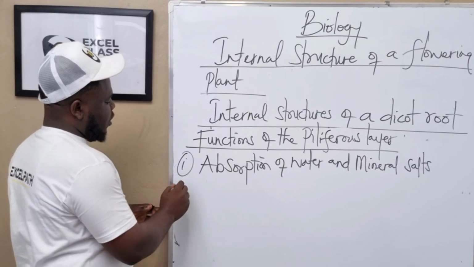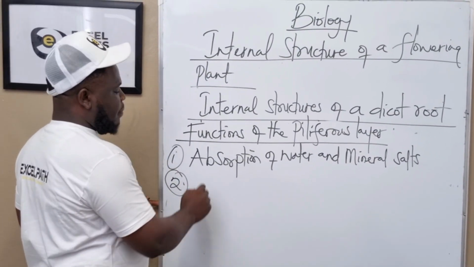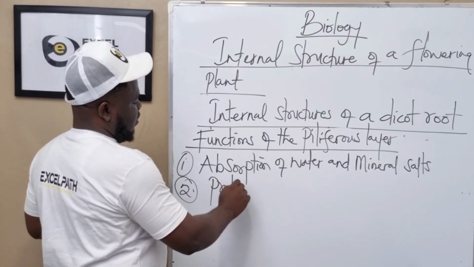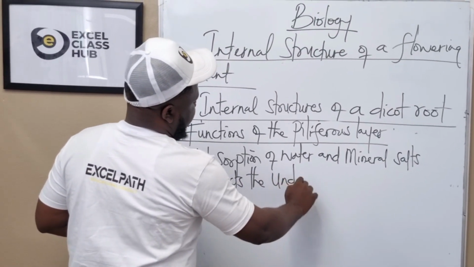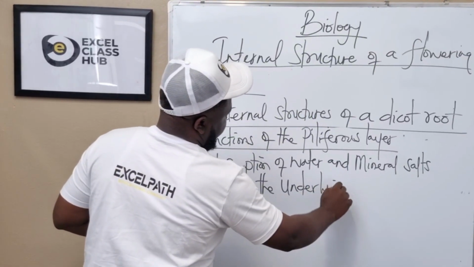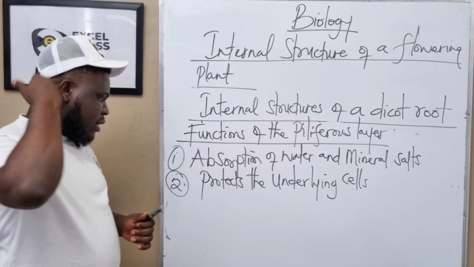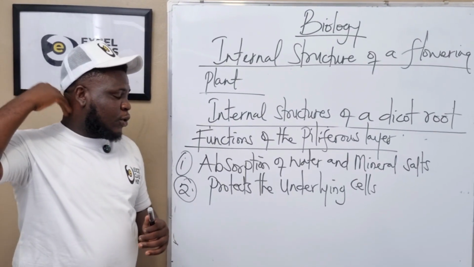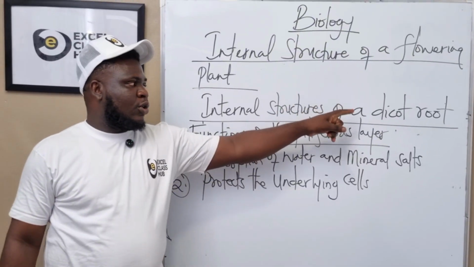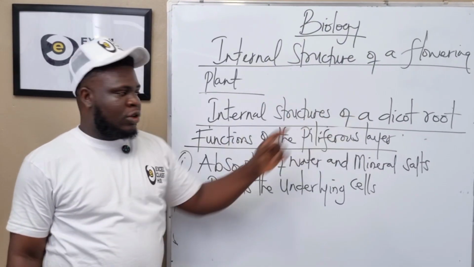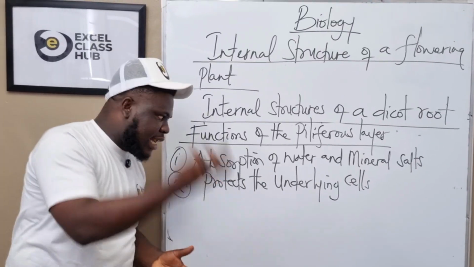The second function of the piliferous layer is that it protects the underlying cells. Now recall that I listed about 5 structures that can be found in the internal structures of the dicot roots, of which the piliferous layer is the first layer, the external layer.